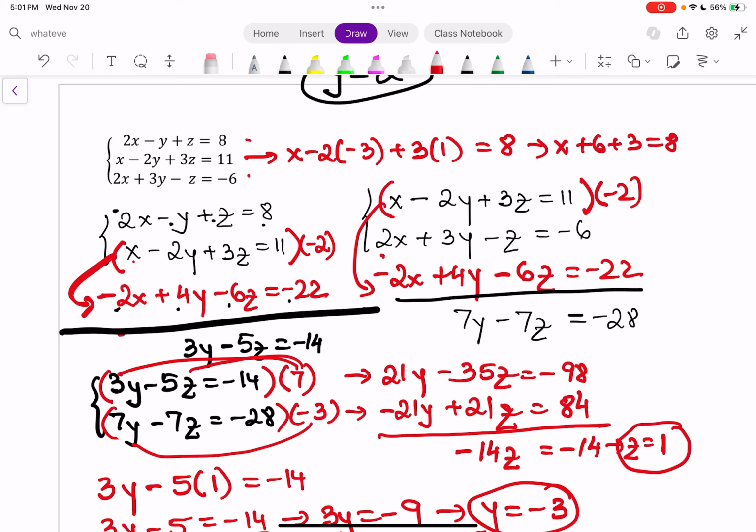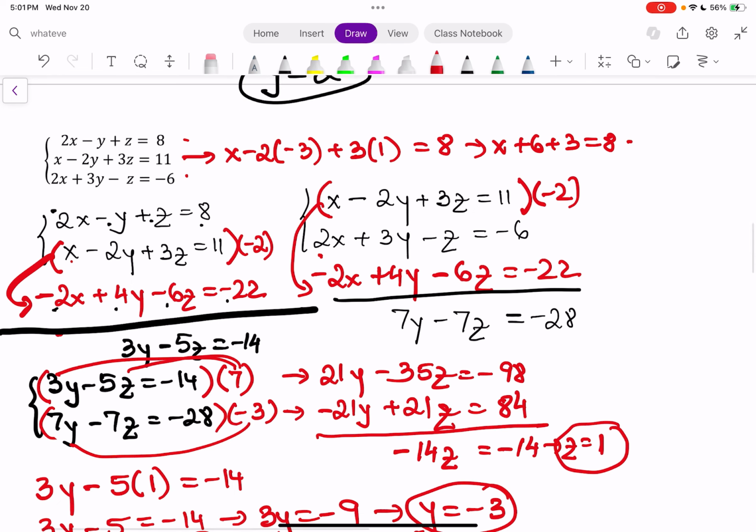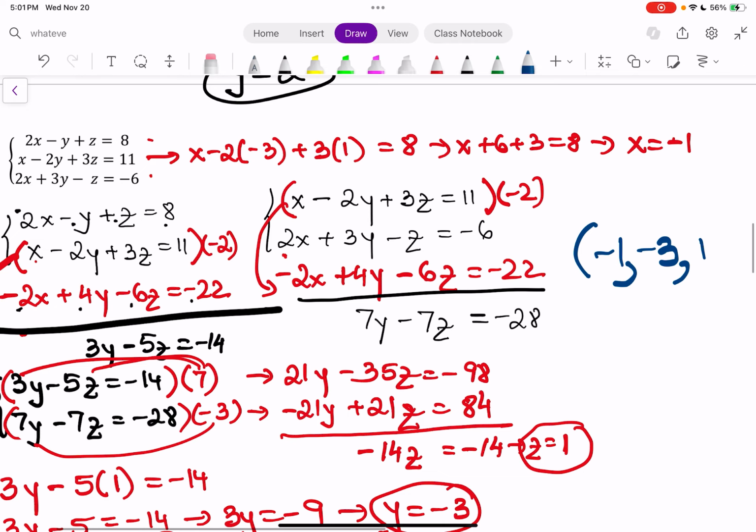So that's a positive 6, positive 3. 6 and 3 is 9. So when I subtract 9 from 8, I'm going to get a negative 1. So here's my answer. Negative 1 for x, negative 3 for y, positive 1 for z.